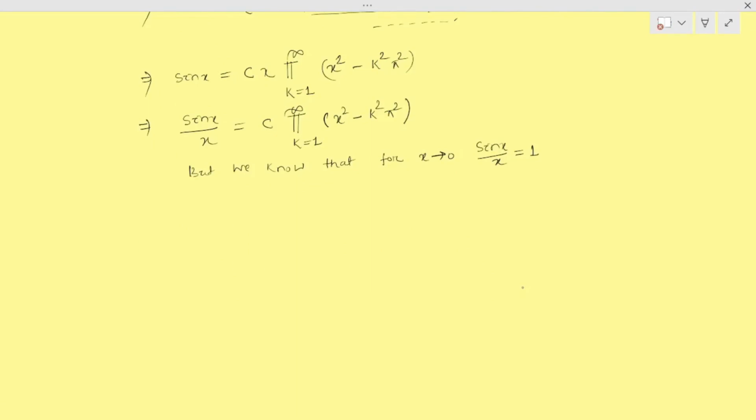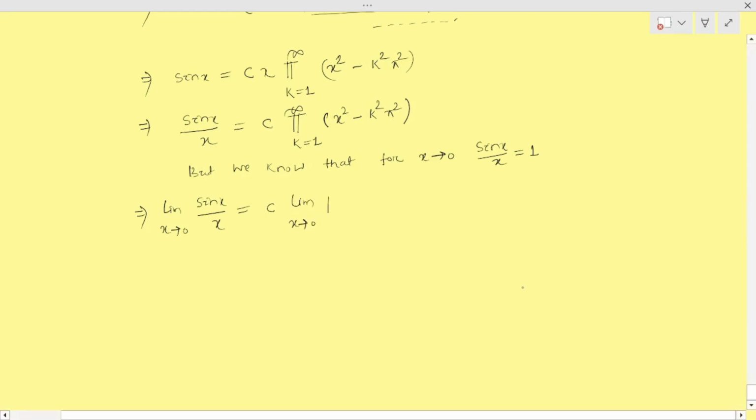What we can find, first we write limit x tends to 0 of sin x by x. Likewise, I apply limit x tends to 0 on the right hand side of this equation: c limit x tends to 0, product k equal to 1 to infinity of x square minus k square pi square, right?